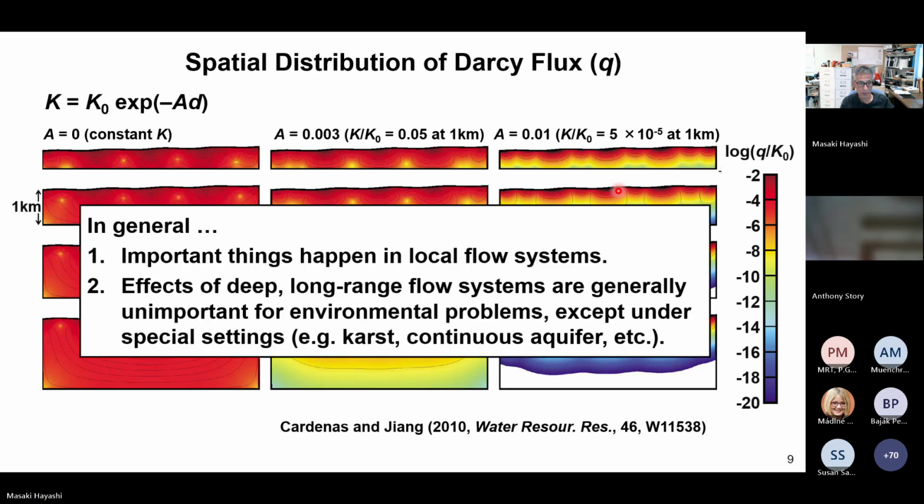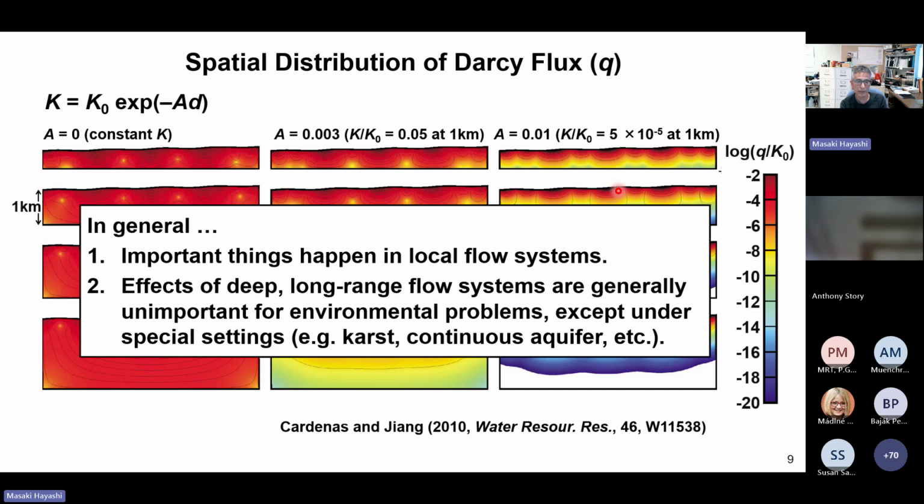system. So from these and other studies, we can learn that important things in general, though there are some exceptions, but in general, important things all happen in local flow systems. So therefore, those are the flow systems that we have to focus on for environmentally important problems.